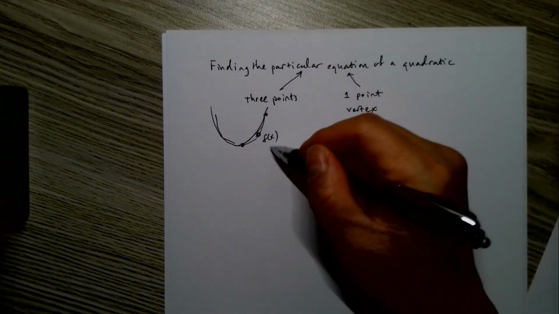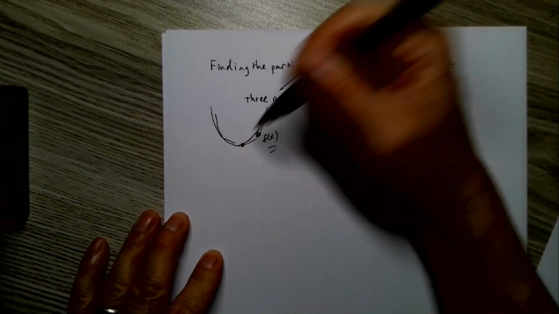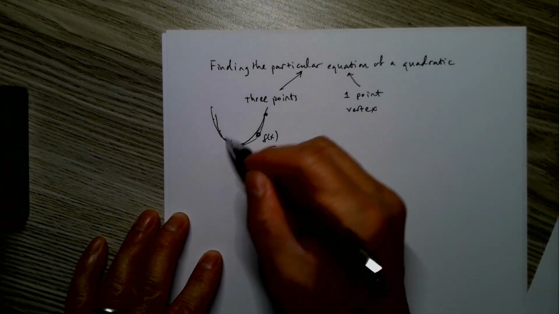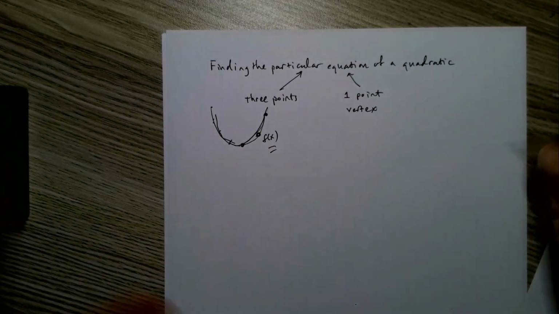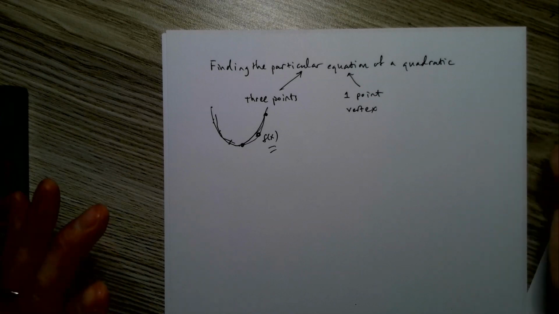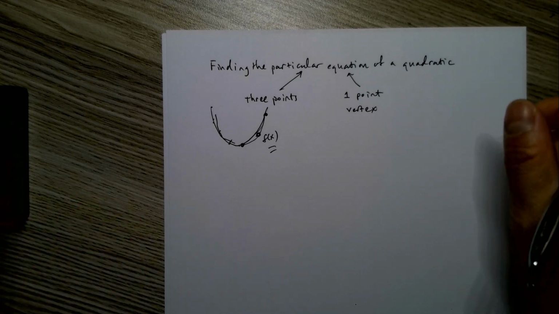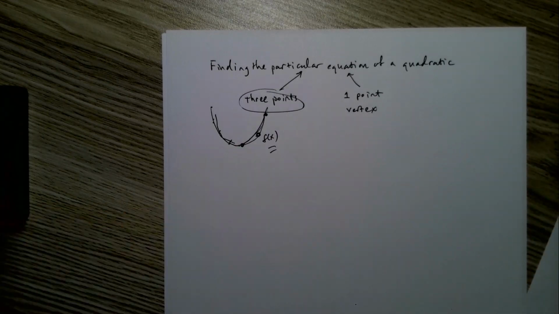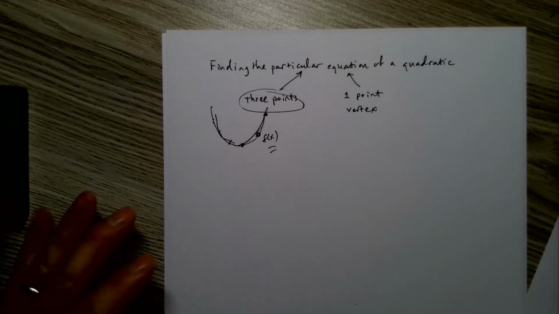And if you can find that function, then maybe you can find other points on that same function. But you can only find the other points if you know the function itself, and you can plug in an x value, get the y value, and then you have another point. But for starters, we only know the 3 points, so we don't know the function yet. But 3 points is enough for us to find the function.